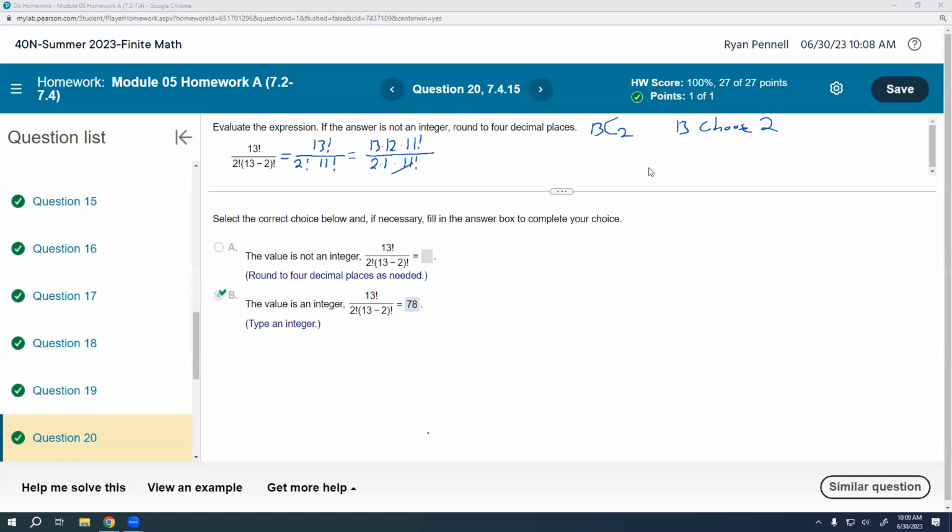So 11 factorial over 11 factorial, cancel. 2 times 12, that's going to give me 6. So really, I have 13 times 6, which is 60 plus 18, 78. Pretty easy to do that.